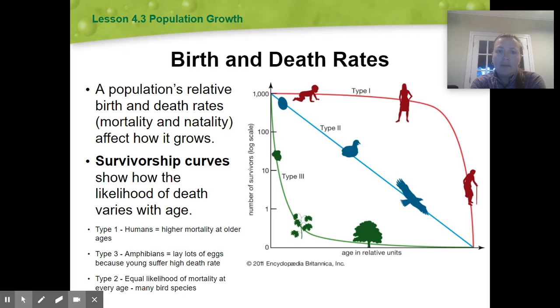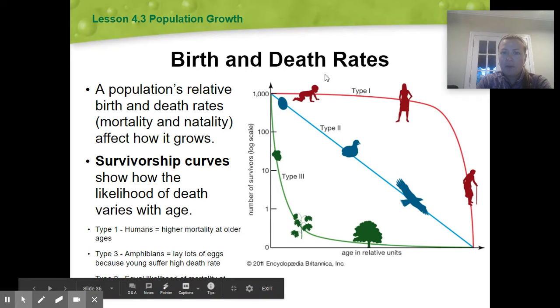So to understand a population, it's really good that we understand the kind of survivorship that they have. Mortality is death, natality is birth. And the survivorship shows how likely death will occur at different ages. So with type 1, you see type 1 here, humans.